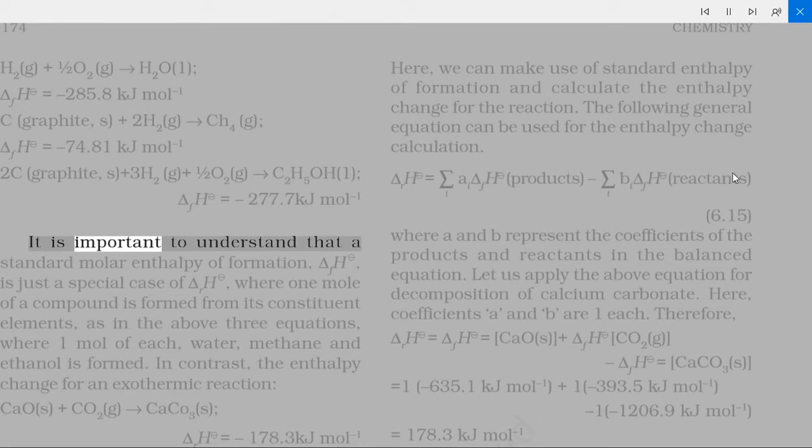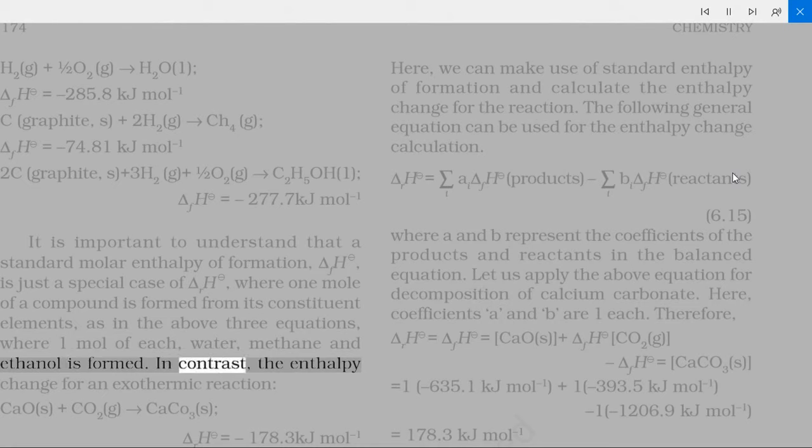It is important to understand that a standard molar enthalpy of formation, ΔfH°, is just a special case of ΔrH°, where 1 mole of a compound is formed from its constituent elements, as in the above three equations, where 1 mole each of water, methane and ethanol is formed.